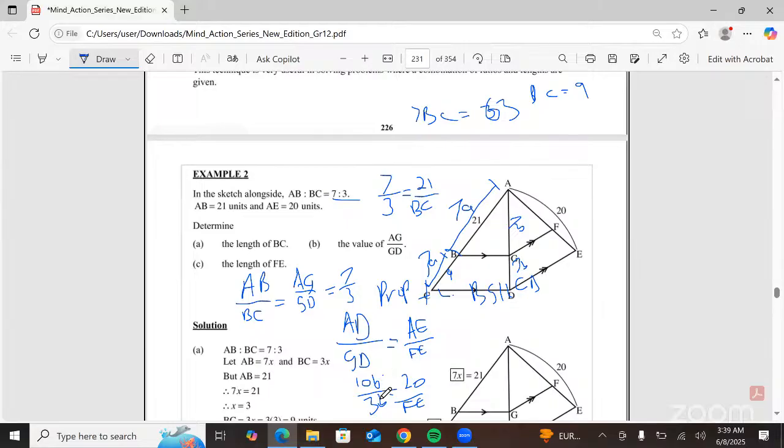This b cancels out. Then you cross multiply: 10 FE gives us 60. Therefore, FE is 60 divided by 10, and we get 6. Do you agree? Yes, sir. Then that's going to be your answer.